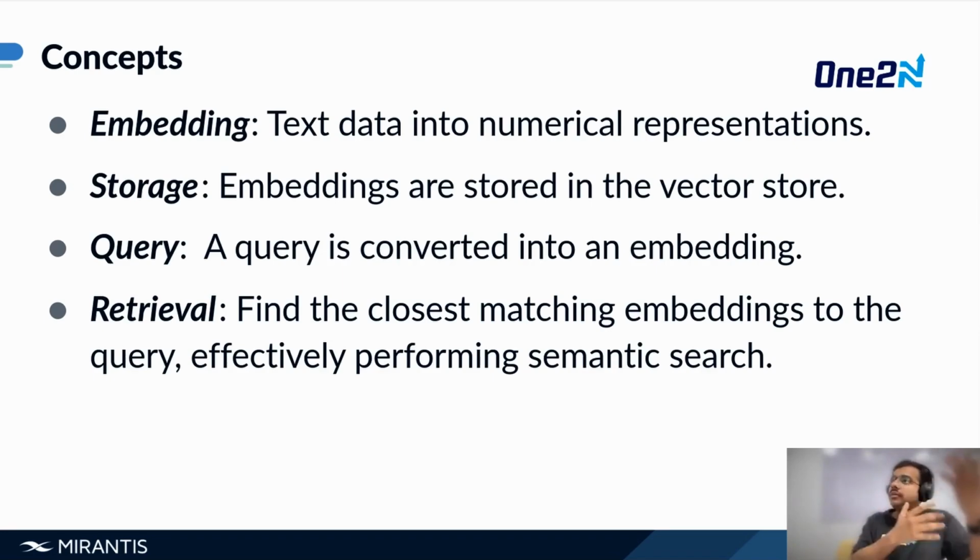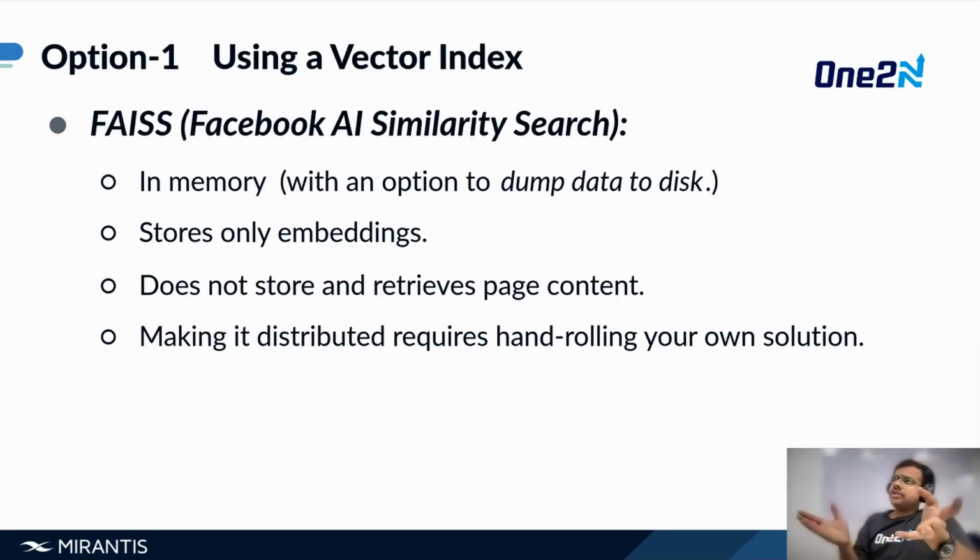So if I have a job description, I have a bunch of resumes, I convert them into embeddings and then try to match that. Okay, what are the matching resumes here? And then last step is the retrieval, which is actually getting the information which is similar to my query out of that vector store. So there are two approaches to have vector storage. The first is to use a vector index like FAISS, which is Facebook AI Similarity Search. It is in memory.